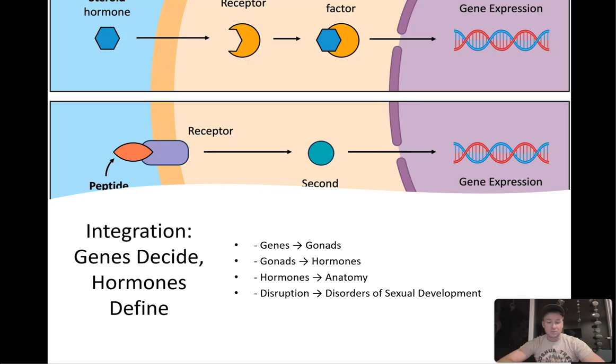From there, Sertoli and Leydig cells produce AMH, testosterone, and DHT, the key players in male differentiation. When SRY is absent, ovarian development proceeds naturally, leading to female phenotype. Therefore, we can think of this in a way: genes decide, hormones define. The genetic code sets the stage, but hormones sculpt the body's final form.